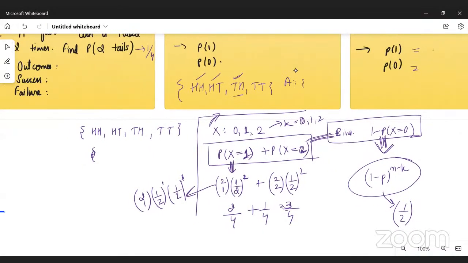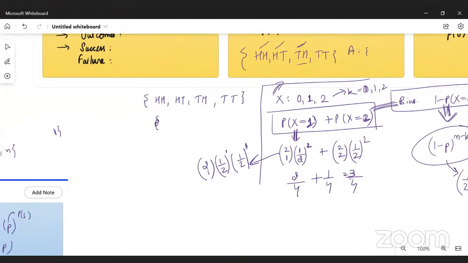I have defined my random variable X to be the number of heads in 2 tosses of a coin. This is my random variable.